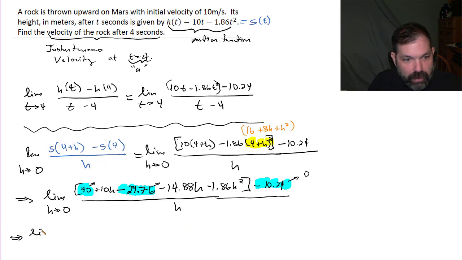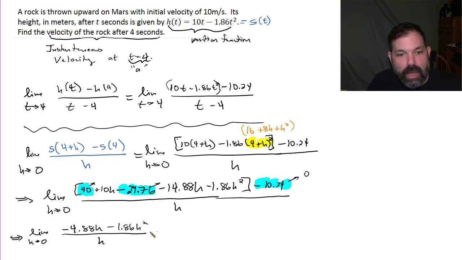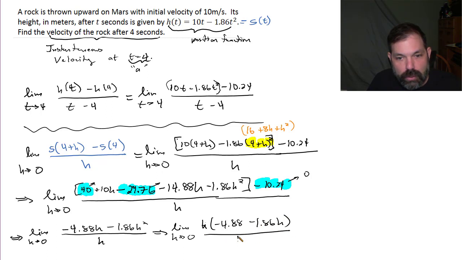So let's see what we now have. Limit h approaching 0. I've got a 10h and a minus 14.88h, so that's a negative 4.88h, minus 1.86h squared, over h. I can again factor out the h. So I have h times negative 4.88 minus 1.86h, over h.